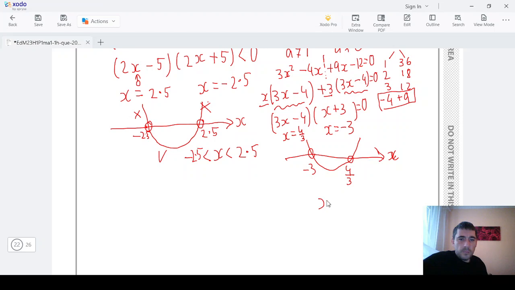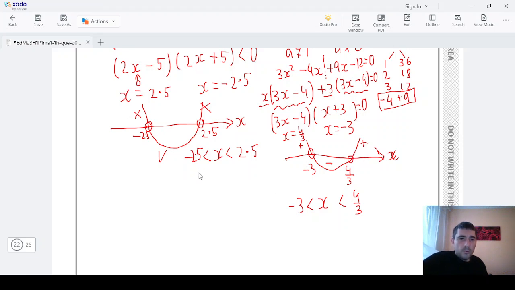So x must be between -3 and 4/3. Because if x is less than -3, it's going to be positive, so we don't use that. This bit will be negative, and this bit will be positive one more time.